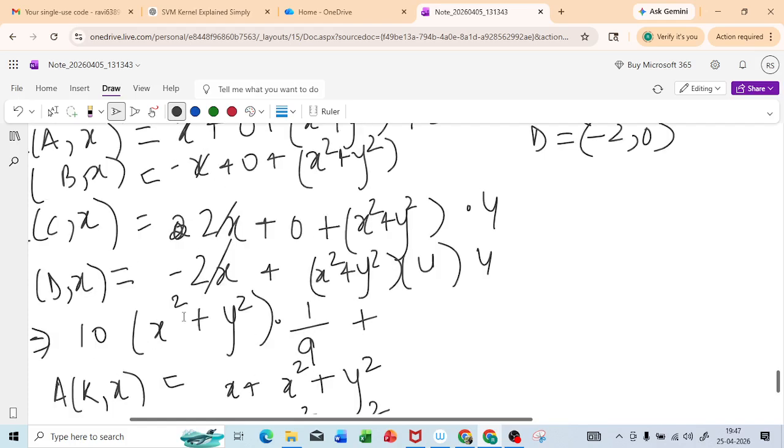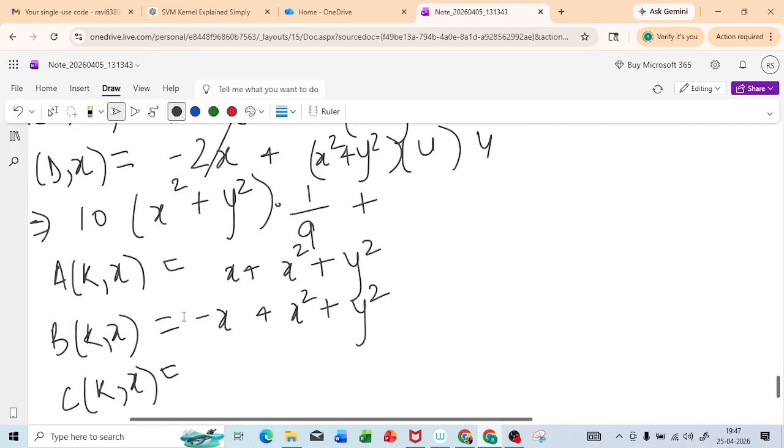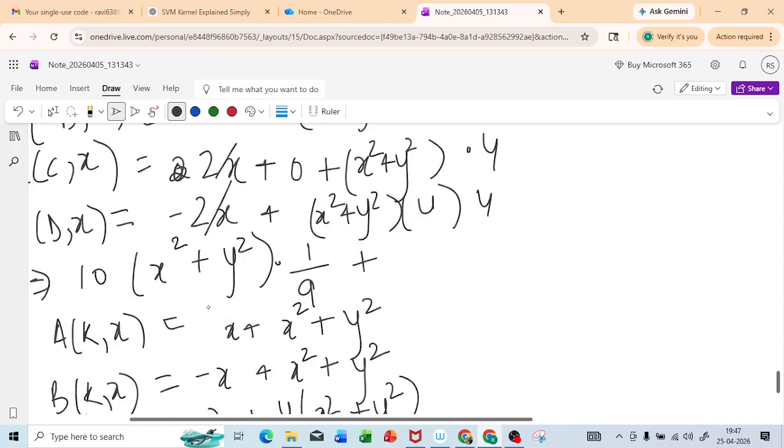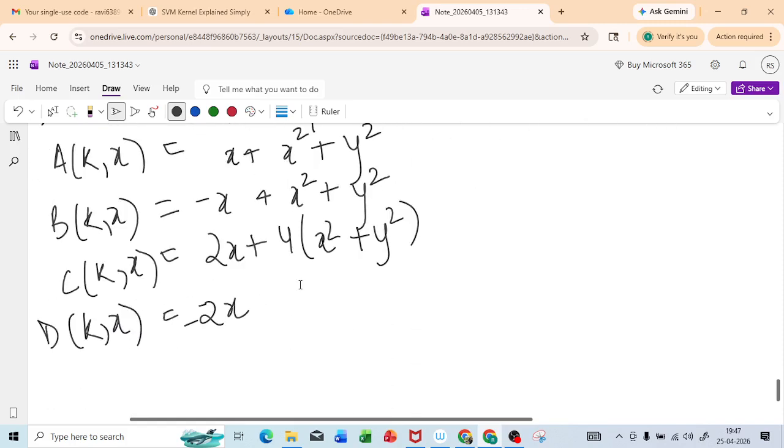C kx was 2x plus 4 x square plus y square, and then d kx was equal to minus 2x, correct? Minus 2x plus 4x square plus y square.